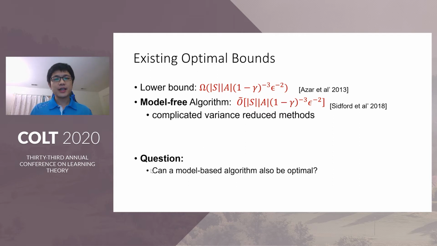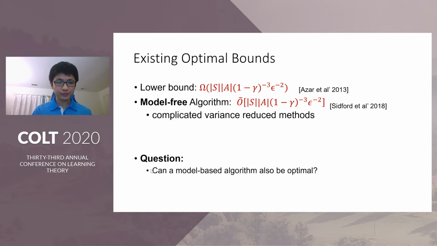In fact, there is already a statistically near optimal algorithm, proved by Sidford et al. in 2018. They show that a model-free algorithm achieves this information theoretical lower bound. However, the algorithm is, of course, model-free, and it is very complicated. It is based on a very complicated variance reduction method.